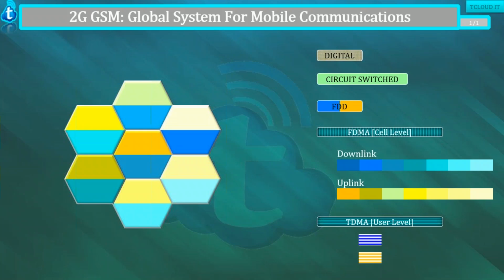Now, in 2G, what change happened in the technology when you compare it with 1G? At cell level, even in our 2G, we were continuing this FDMA concept. That means at cell level, the operator will have to buy 1.4 megahertz for downlink operation, 1.4 megahertz for uplink operation, and divide that into 200 kilohertz each, and allocate 200 kilohertz to each of these cells.